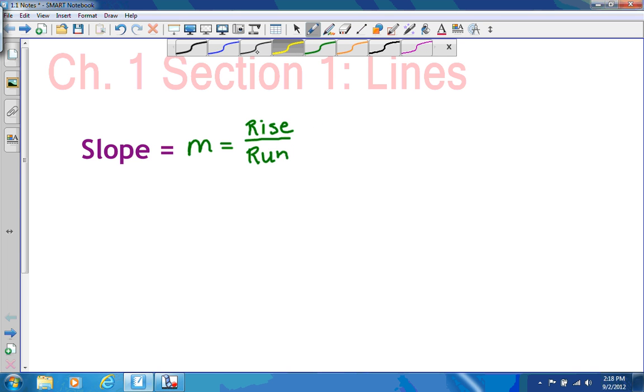It can also be change in y over a change in x.